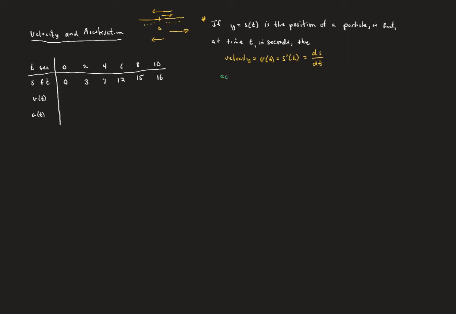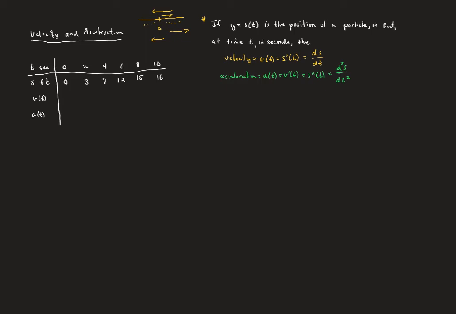Then acceleration, which we often call a of t, is the derivative of velocity. So it's the first derivative of velocity, which makes it the second derivative of position. We can also write that in Leibniz notation as the second derivative of s with respect to t twice. So that's the notation and symbolism that we will use.